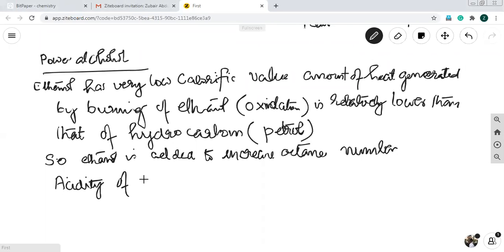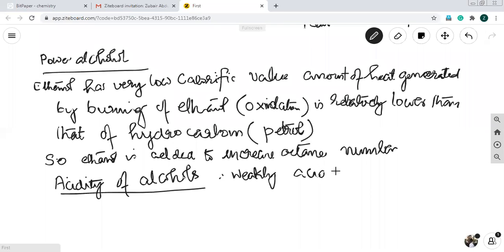Acidity of alcohols. Acidic property. Now alcohols are weakly acidic, very weakly acidic. In what way can you say that?